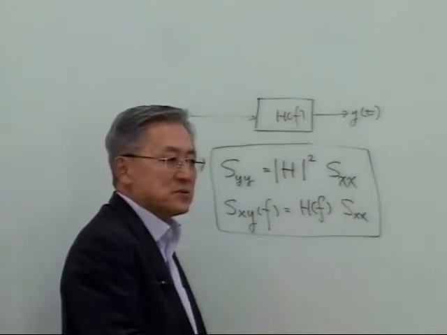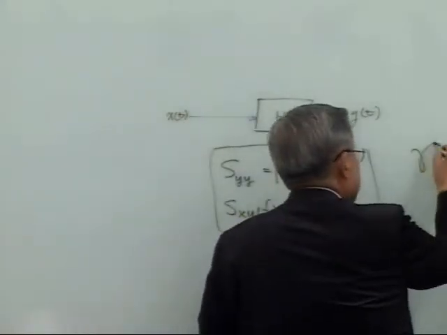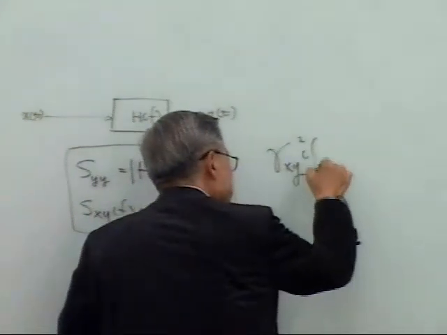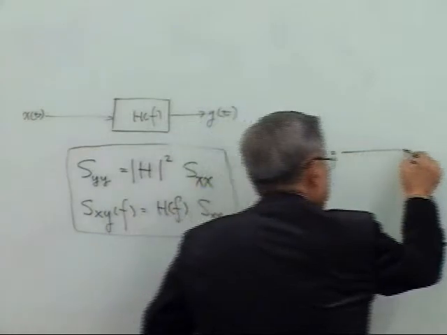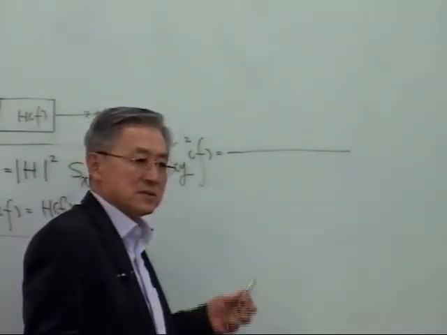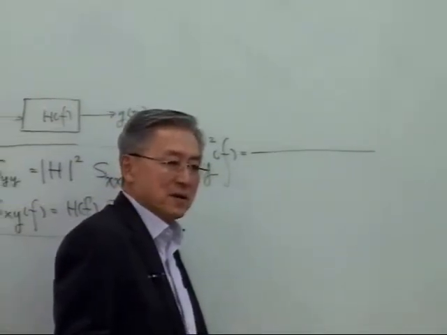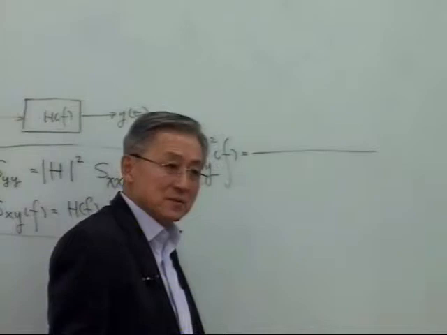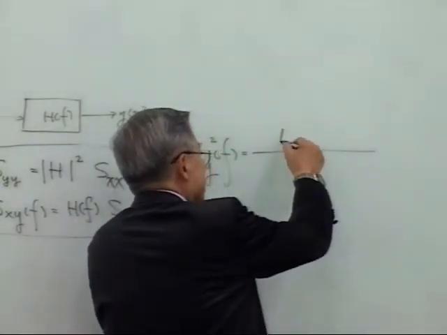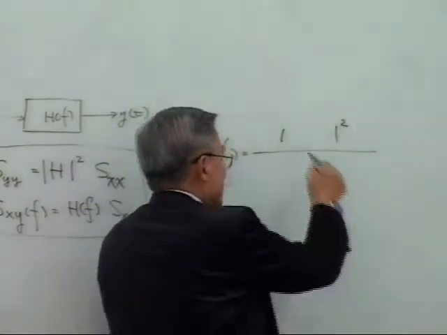These two, based on these two. One more equation I just covered: gamma xy square, which is in the frequency domain, is equal to what? Youngbin, what's this? In terms of S or G, top, G, right?